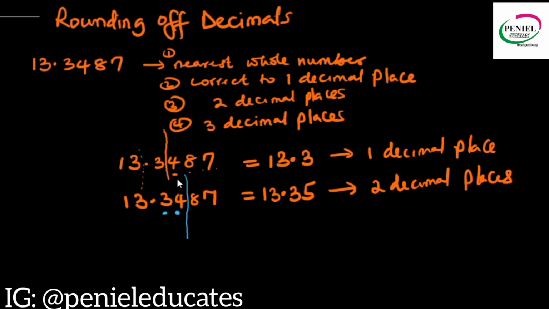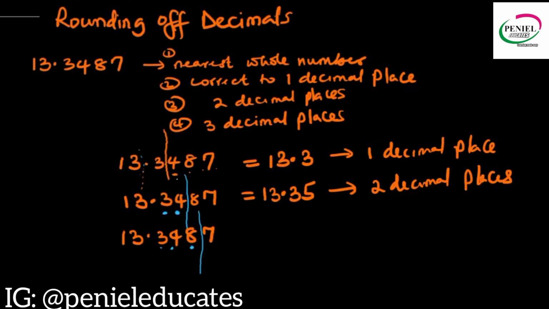Now let us look at conversion to three decimal places. 13.3487. Don't forget, I said this is one decimal place, two decimal places, this is three decimal places. So after this third decimal place, I'm going to draw my line here.